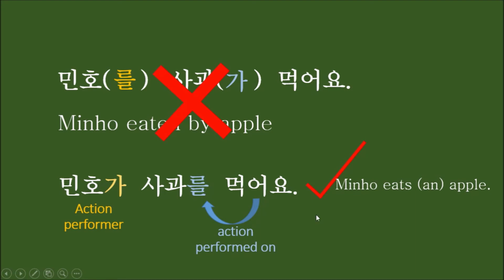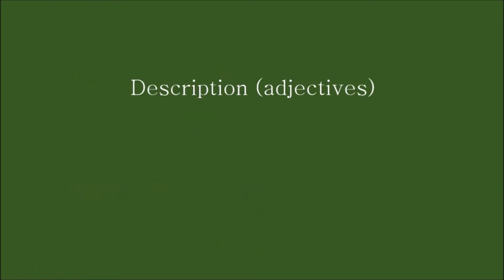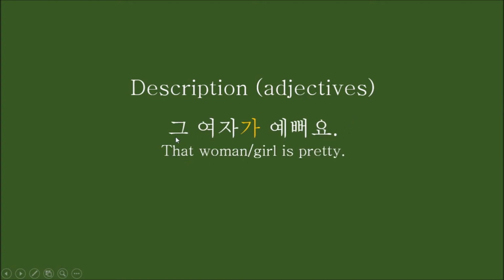Let's consider the next tips. In a description sentence that ends with an adjective, for example, 그 여자가 예뻐요. 예뻐요 is pretty. That woman or girl is pretty. In this sentence, there is no activity or verb involved, but it's a description of a person.